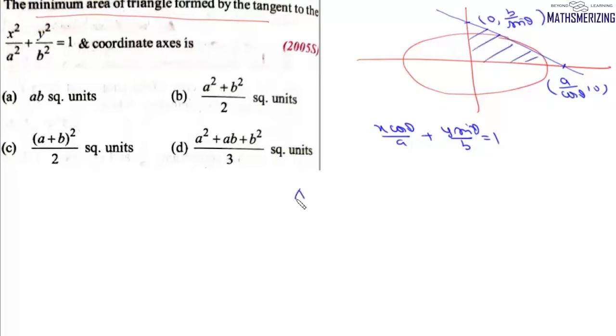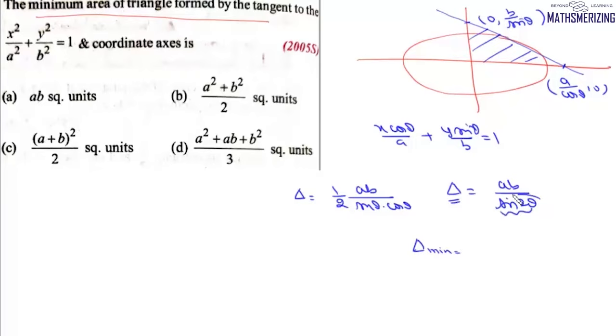Now we need to find the area of this triangle. So the area of this triangle will be given by 1 upon 2 AB sin theta into cos theta. So this area will be AB upon sin 2 theta. Now this area is a function of this angle theta. Now this area will be minimum when the value of sin 2 theta is maximum.